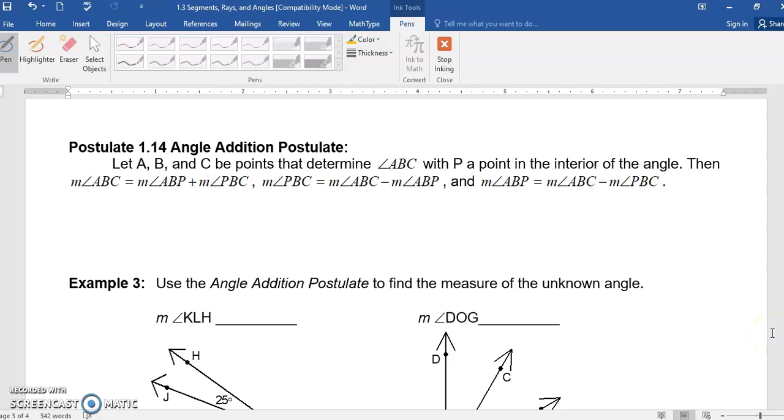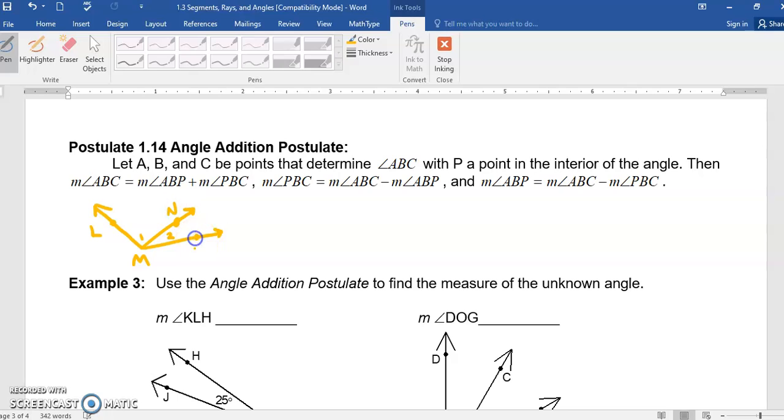So I alluded to this a little bit before. Angle addition postulate. It's just piece plus piece equals whole thing. Okay, and I'll try to simplify it a little bit here. We'll call this angle 1, angle 2, and then the whole thing.